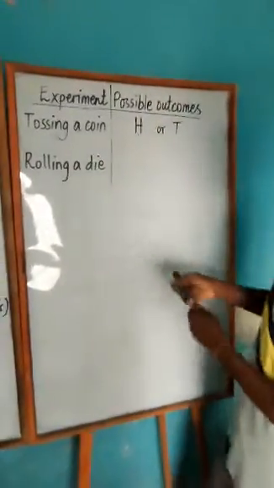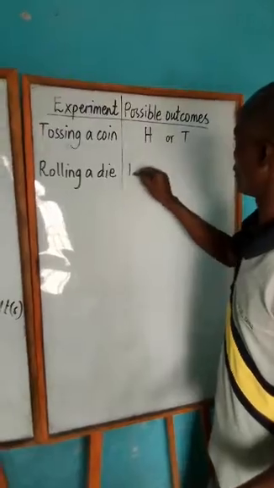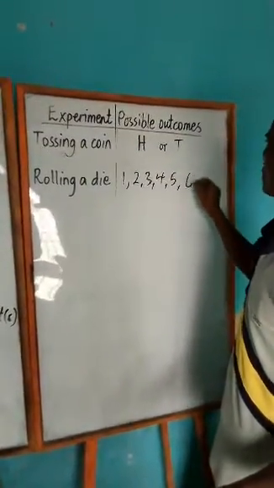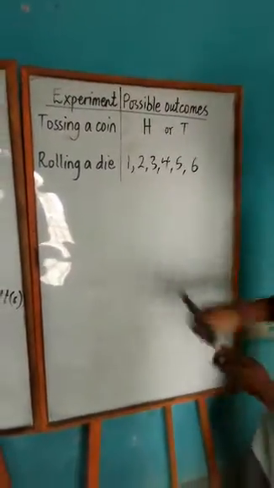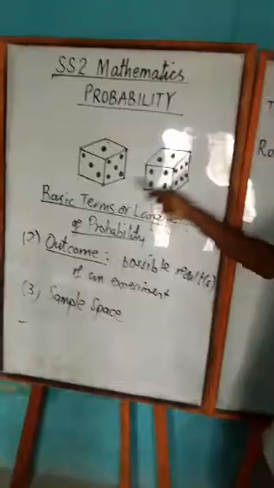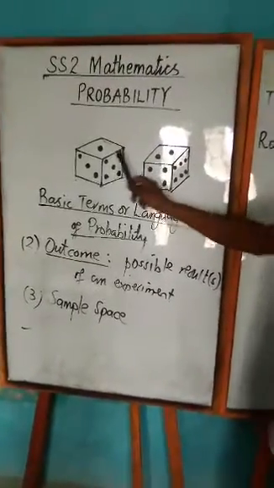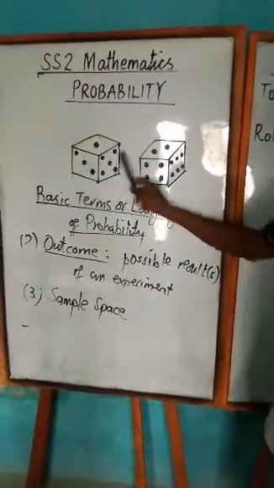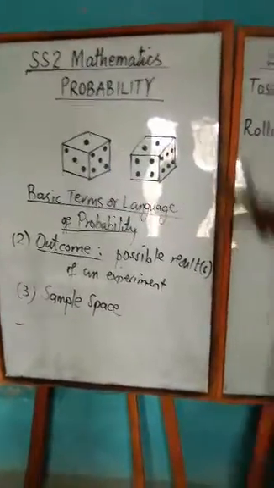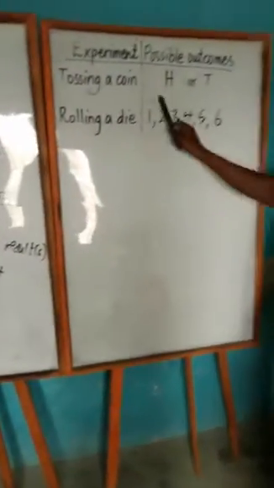Then rolling a die or throwing a die. It's either you have 1, 2, 3, 4, 5, 6. In other words, the face of the die can show any of these numbers. You can see the two dice on the board. Okay, so these are the possible outcomes.